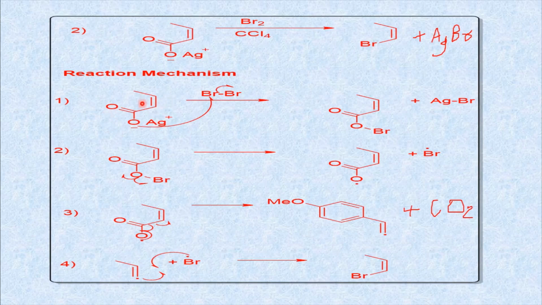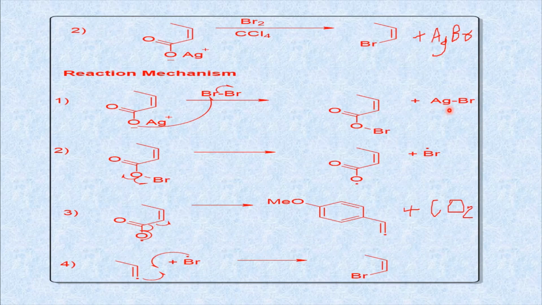This silver salt of carboxylic acid reacts with Br2. This Br2 molecule is polar, Br plus and Br minus. This O minus attacks this Br plus, so it acts as a nucleophile. One Br acts as an electrophile, so it will attack that and replace Br. Oxygen will form a bond with this Br, and the Br minus forms an ionic bond with Ag. So we will get OBr and AgBr, the ionic bond between Ag and Br.